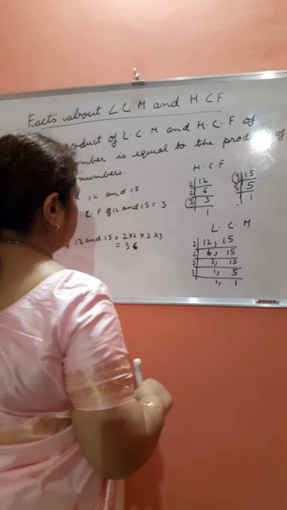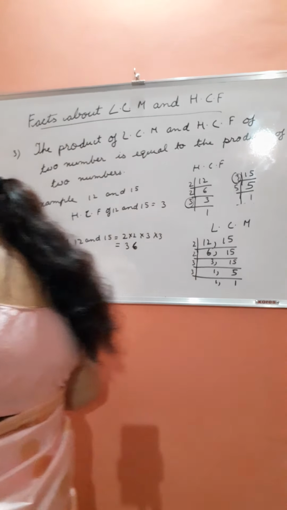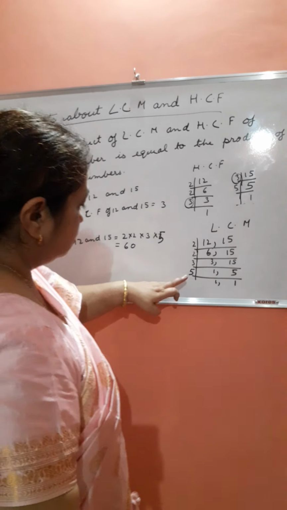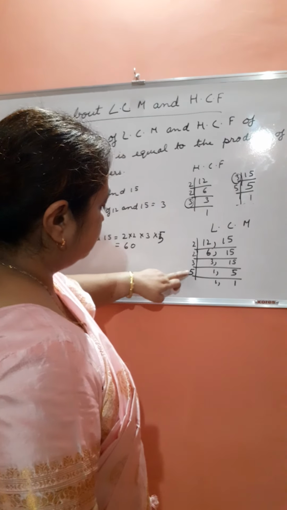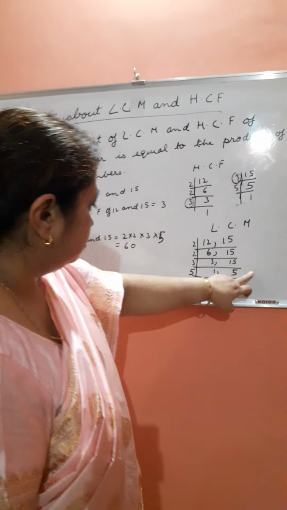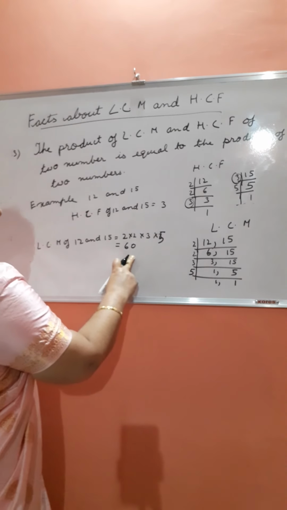Okay. One minute. See here, here I have written 3. I made a mistake. So here 5 ones are 5. Okay. So now you calculate it. It will be 60.